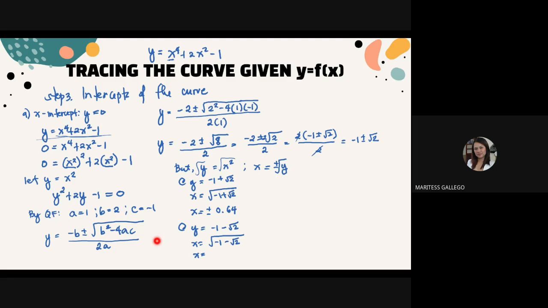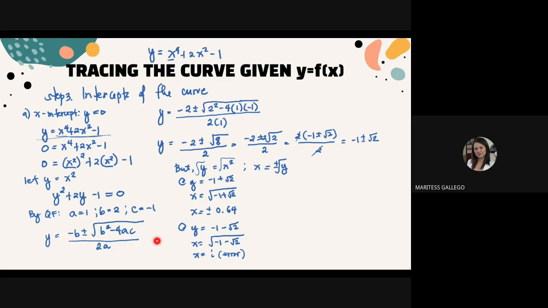Okay, so kung nag-error sa calci nyo, ibig sabihin, ang nakuha natin value ng x is an imaginary number. And we don't include the imaginary number in our x value. Ang kukunin lang natin is the real number. So meron tayong dalawang real number na nakuha, which is positive 0.64 and negative 0.64.